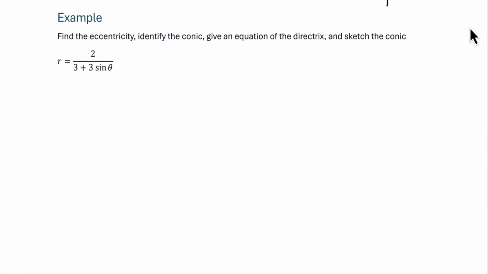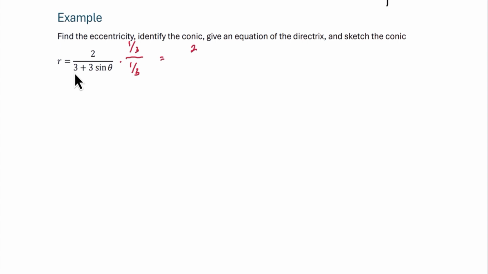In the next example, we again want to sketch this curve. We will manipulate this equation similar to what we did last time. We want this constant in the denominator to be 1. So we'll multiply by 1/3 in the denominator and do the same up top.